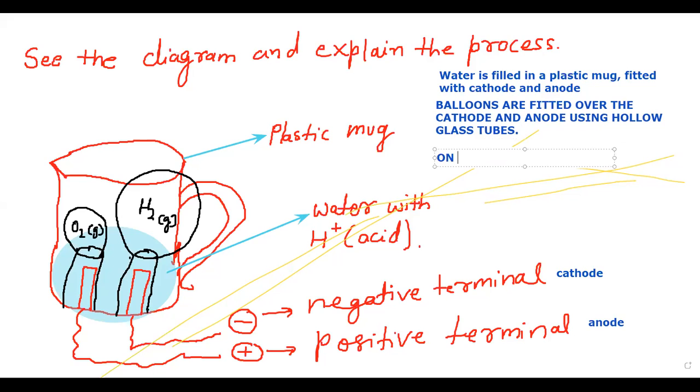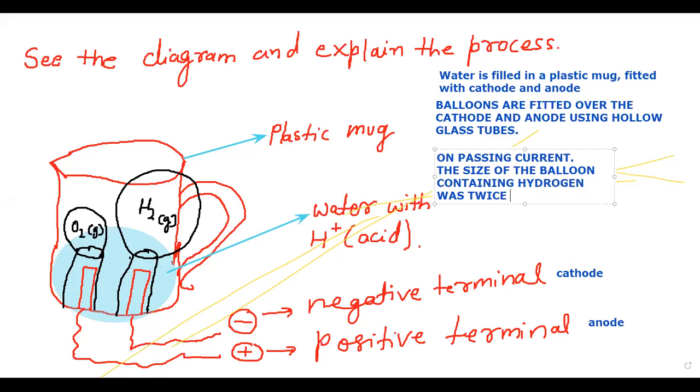On passing current, the size of the balloon containing hydrogen was twice that of the oxygen.